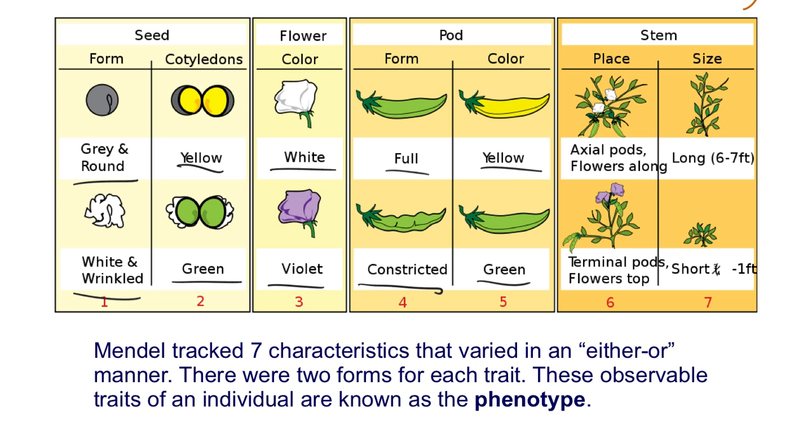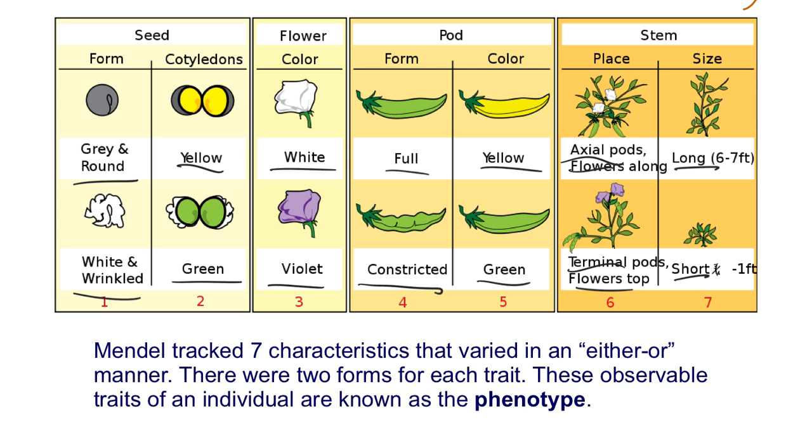We had the flowers where the branching occurs, axial flowers. We have flowers on the tips of the branches, terminal flowers. We had plants that grew tall and plants that only stay short. All these things are traits.